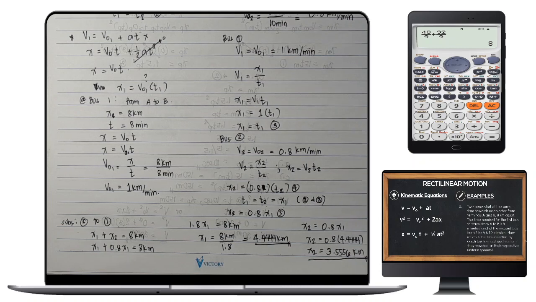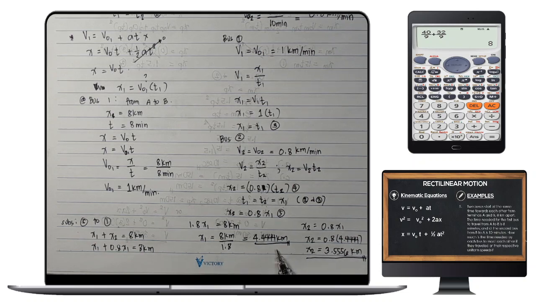So as you can see, it is logical to say that since bus number 1 is faster than bus number 2, at the same instant, at the same span of time, bus number 1 will logically cover a longer distance compared to bus number 2 because it is faster.